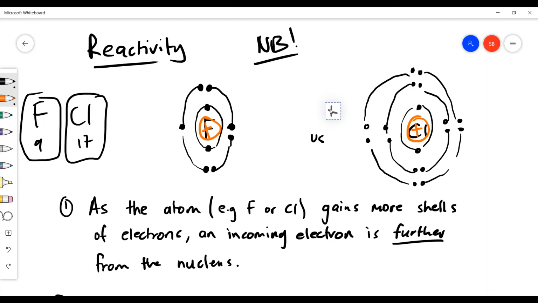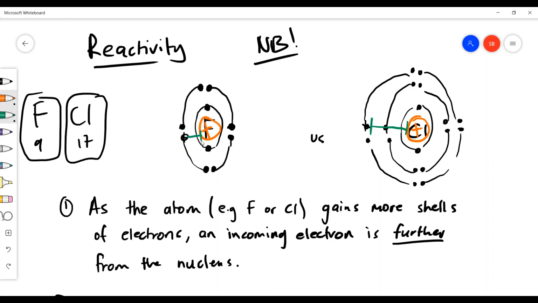It's incoming. It is further from the nucleus. If we had to draw a sort of distance thing here, it's further from the nucleus than it is for fluorine. Let's say we had the same electron from sodium coming along and joining here. That's quite close, right?